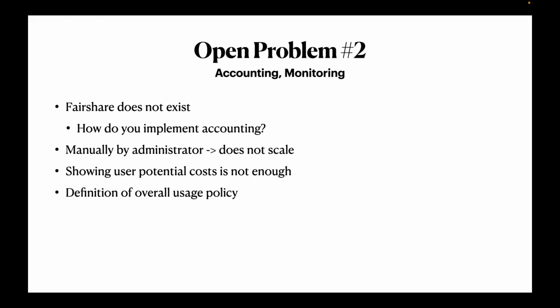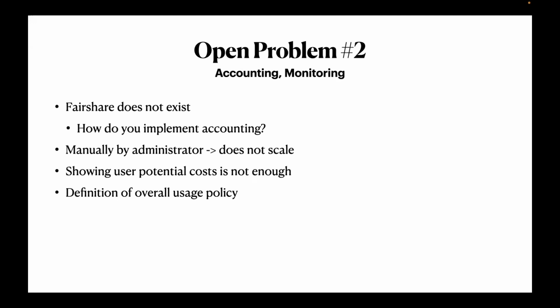And sadly, Kubernetes does not have any proper accounting mechanism. The accounting can be, of course, done manually, but when you have more than 200 namespaces, it is not viable, and it is not viable even before that, but it can be done.